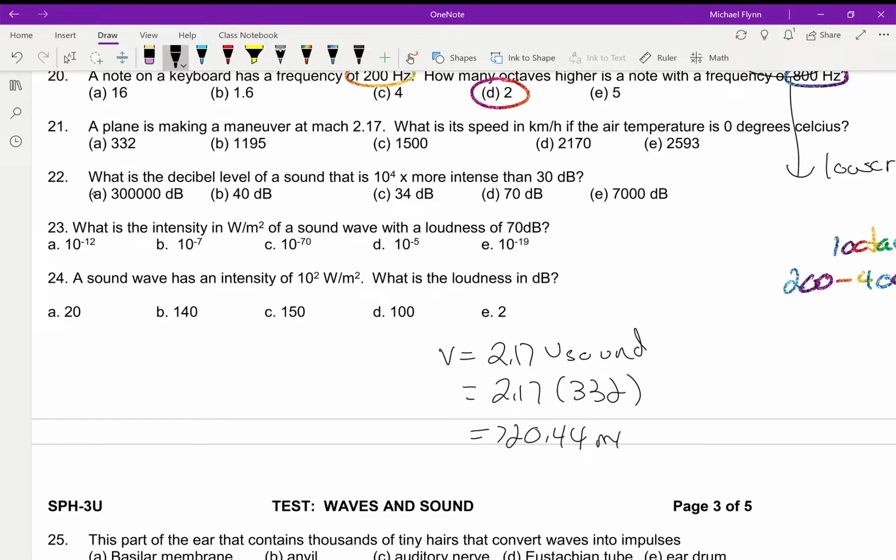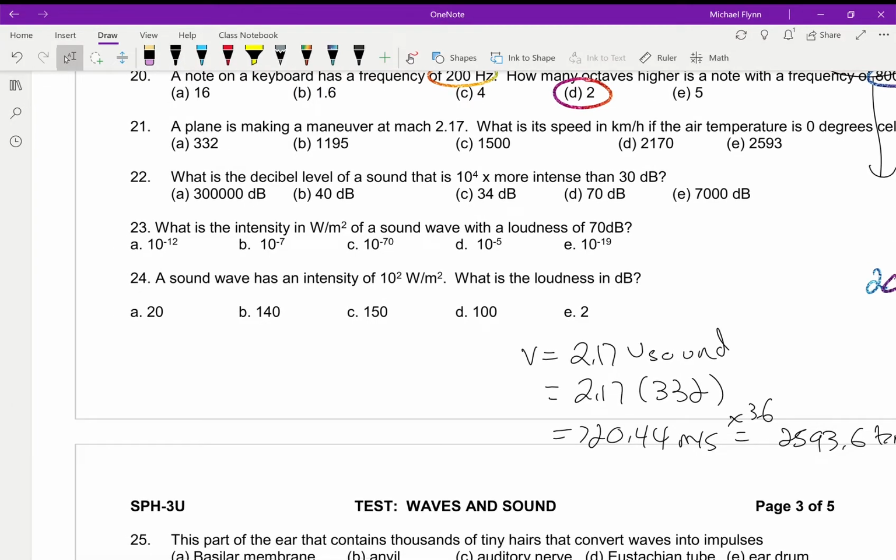But that's in meters per second. I need to convert that by multiplying by 3.6 to kilometers per hour, and I get 2593.6 kilometers per hour. Well, that corresponds to that number right there.